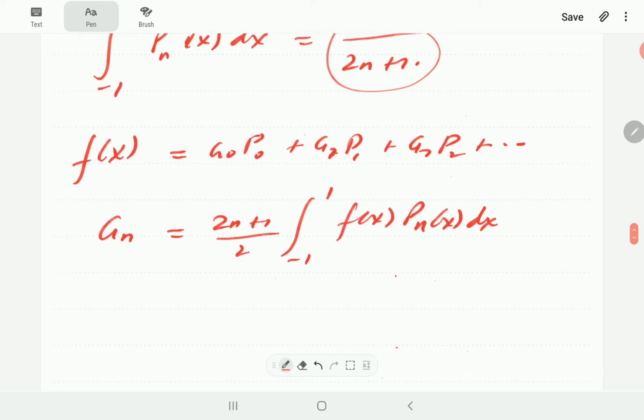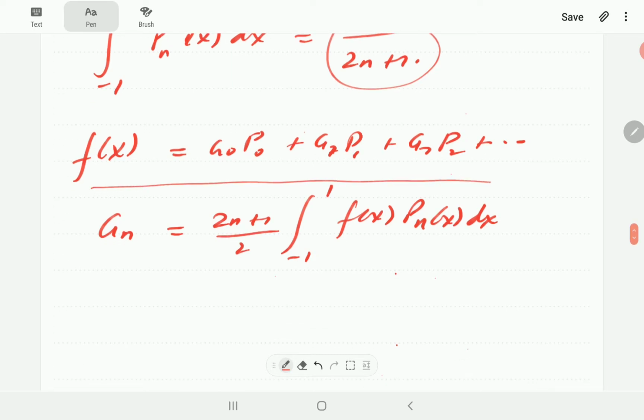So that's going to be our formula for finding the coefficients.